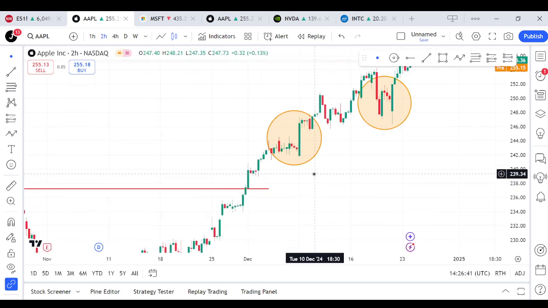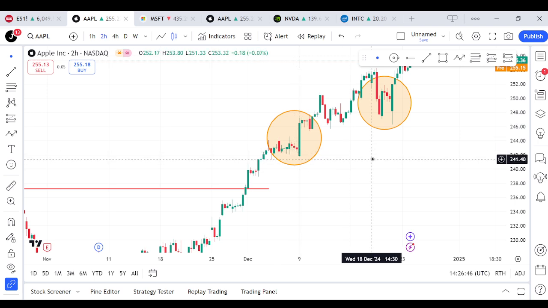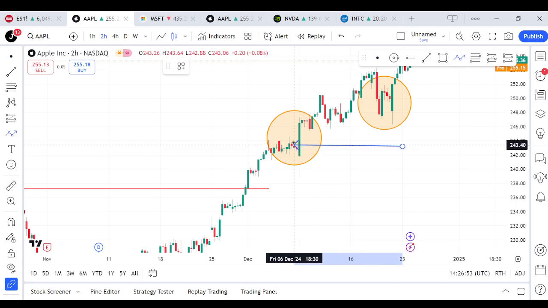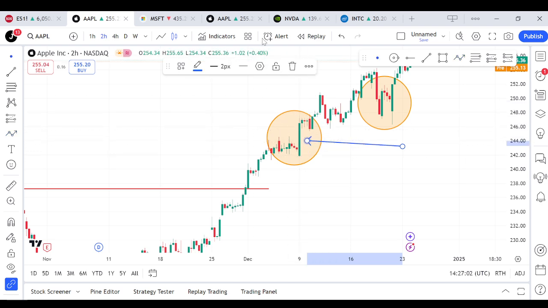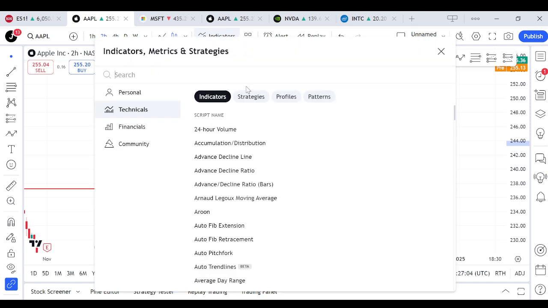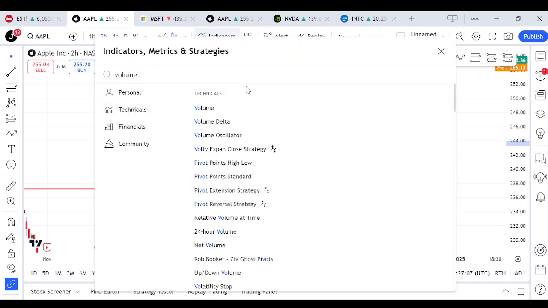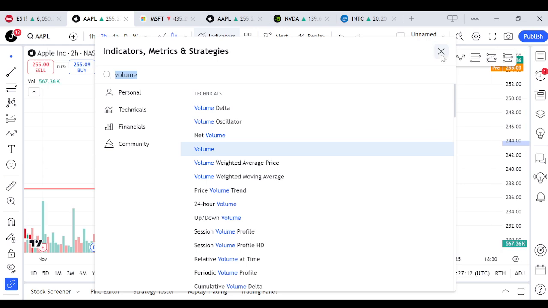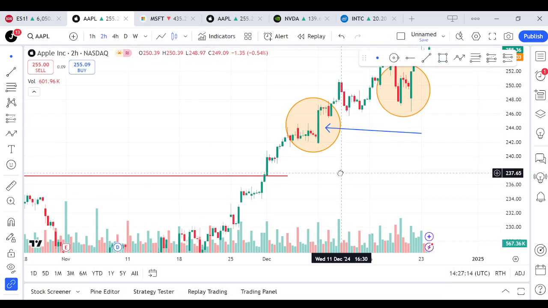And you can see this rising three methods right here signaling bullish continuation, and that we should be looking to enter after this brief consolidation right here. Now you can see the first candle, this one is a bullish candle, and we have three small bearish candles all within the range of the first candle, and the fourth candle is a massive bullish candle. And you can confirm that candle by using volume analysis, checking the buying volume around that area to see if it's in line with our analysis.